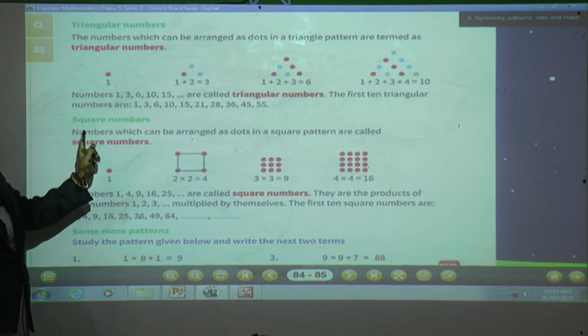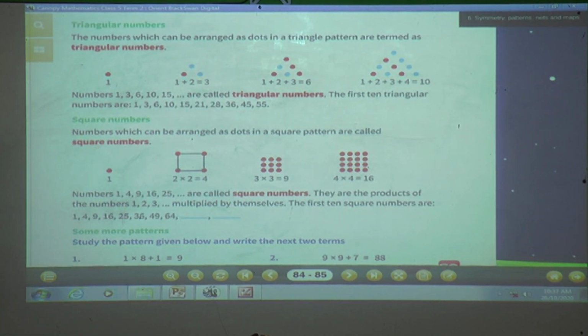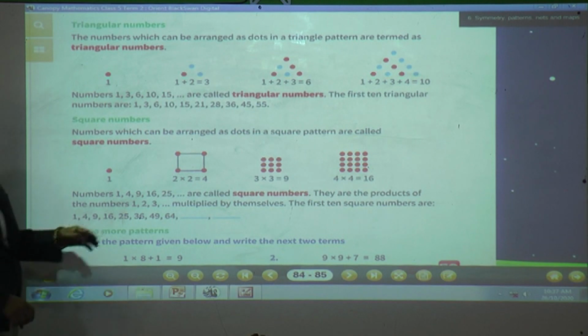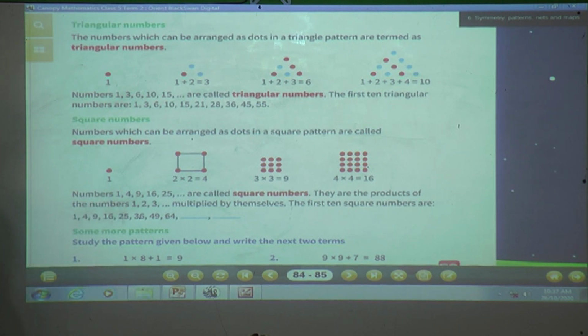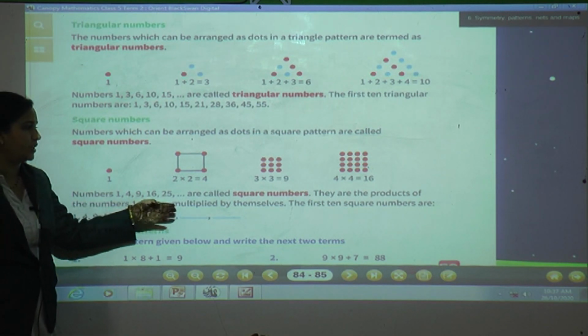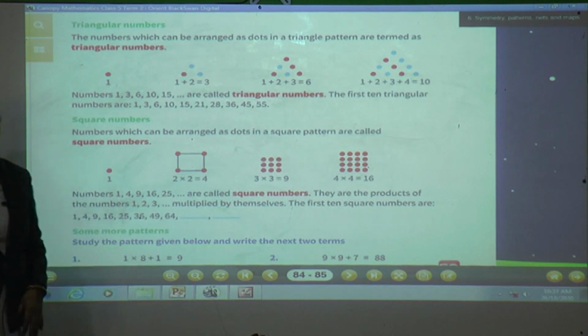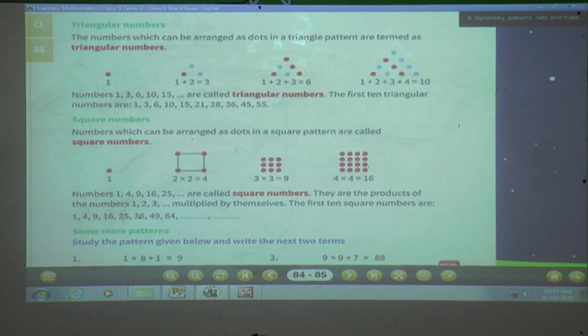Students, now square numbers. Numbers which can be arranged as dots in a square pattern are called square numbers. They are the products of the numbers 1, 2, 3 multiplied by themselves. Here are the first 10 square numbers.